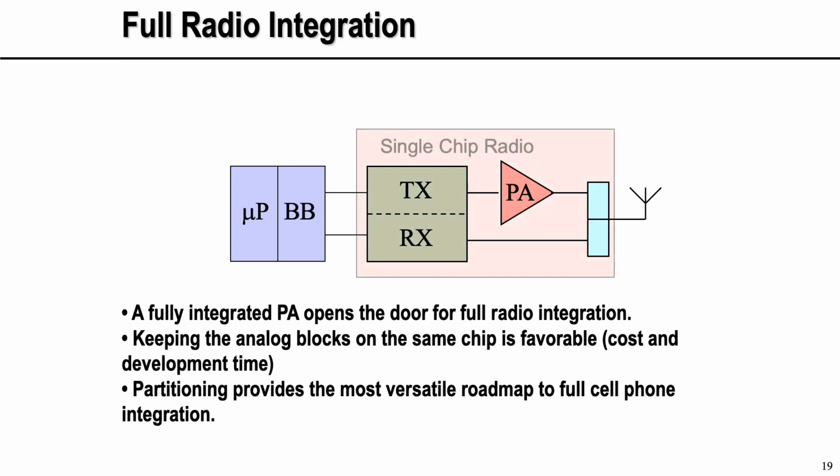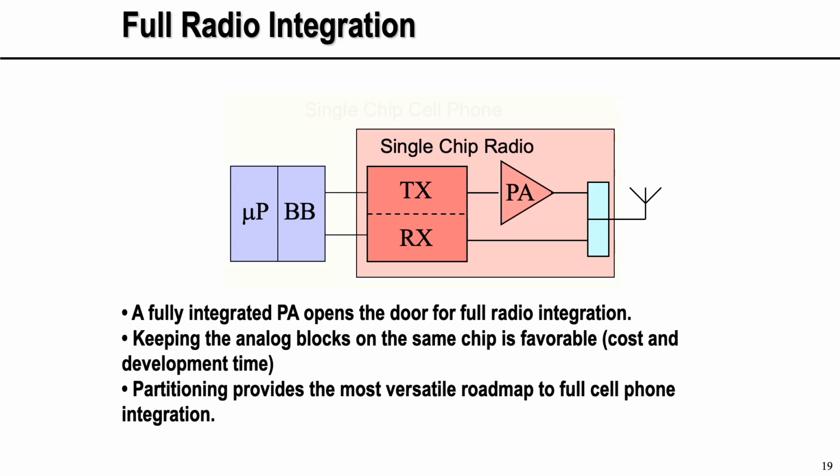A radio transceiver typically looks like this. You have an RF transmitter and RF receiver. You usually have a separate power amplifier that, in many cases, if the power levels are high, is not implemented in silicon CMOS. And then you have the baseband processing and some microprocessing.